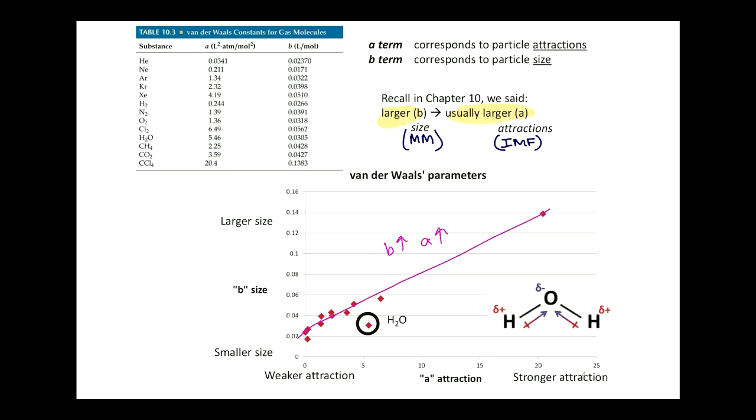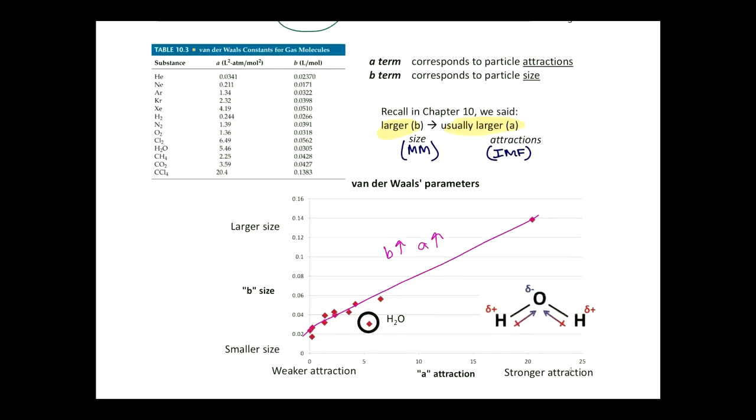Water has more intermolecular forces; it's able to do more than its mass alone would suggest. In chapter 10, just saying that as size increases, A also increases was good enough. But there are actually more factors for intermolecular forces, and they'll explain why water is off this trend.